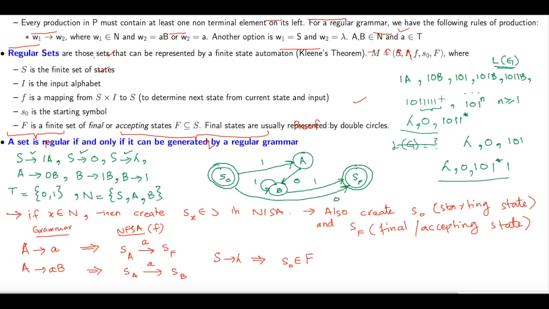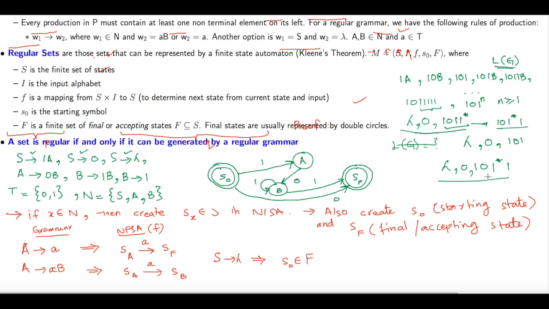So this one is represented by this one. So this and this are the same. Although there is 1 star here, I can also say this is the same language as 101 star 1. So this and this represent the same thing.